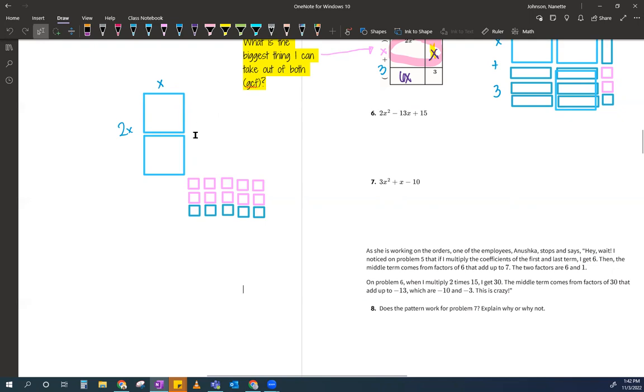And how many X's would go here? It would be 5 times 2. Yeah, that would be 10 X's, right? And you're like, hey, Miss Johnson, 3X plus 10X is 13X. I think you found our answer. And I say, oh, okay. Well, let's see. So, 2X, because imagine this is on the outside, 2X times what would give me 10 X's.